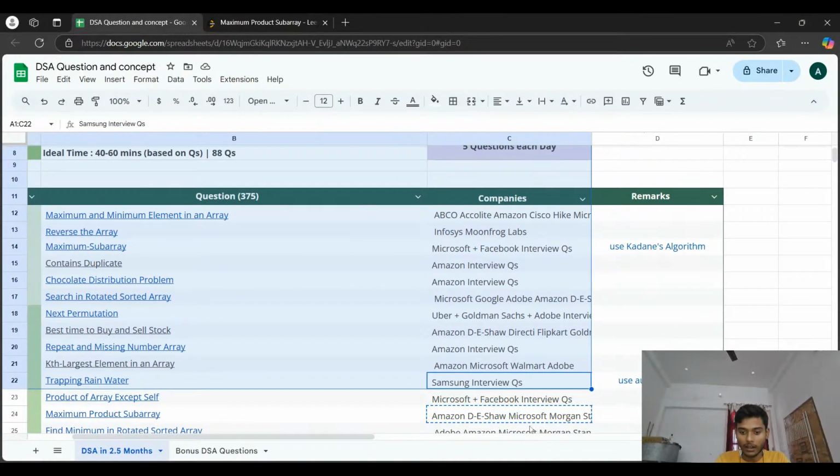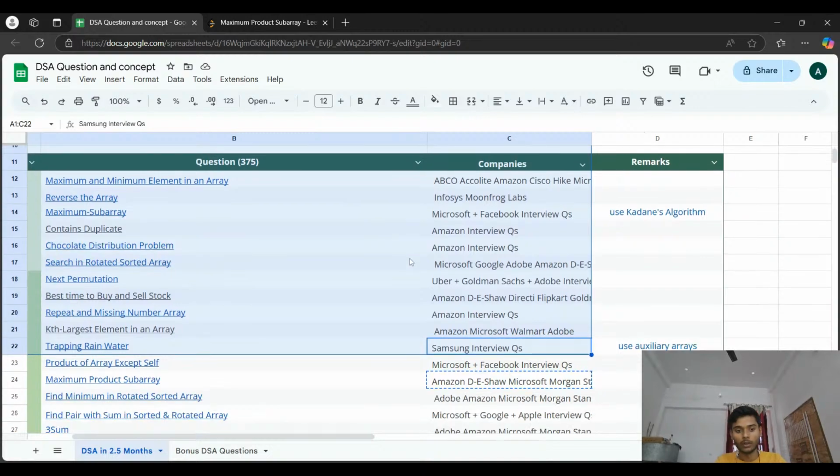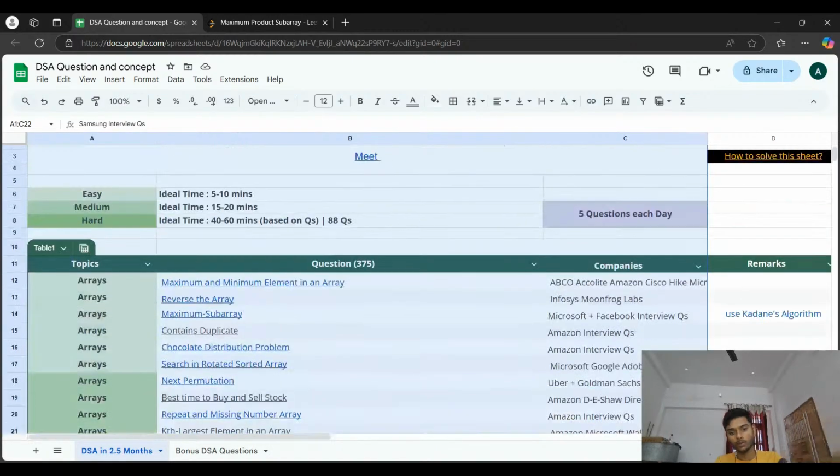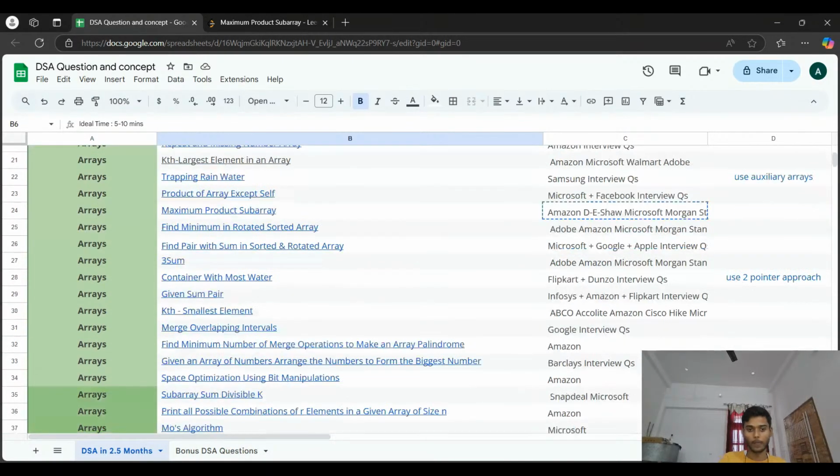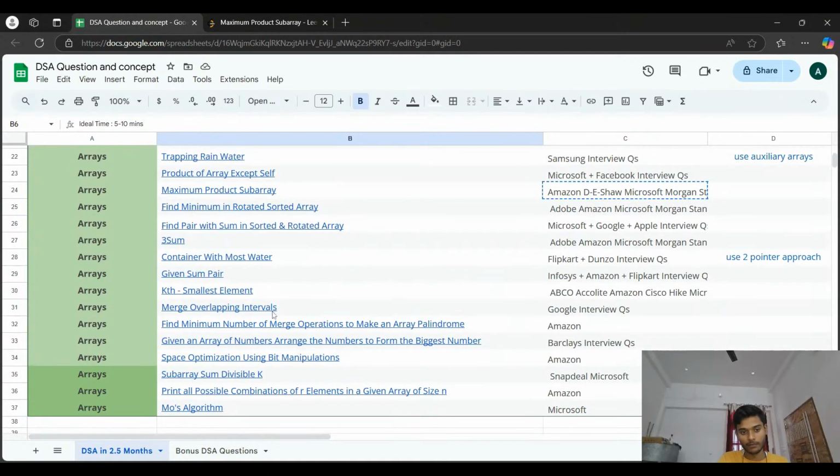I told you before, I saw this question from the sheet of Apna College. So let's start.